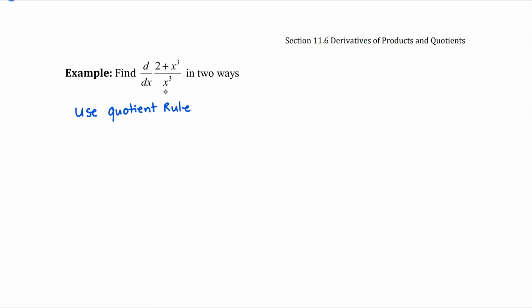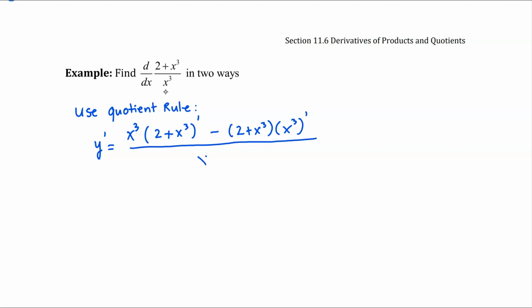So using the quotient rule, we find the derivative y prime, which is equal to low x cubed, d high 2 plus x cubed prime minus high 2 plus x cubed, d low x cubed prime, divided by x cubed squared.